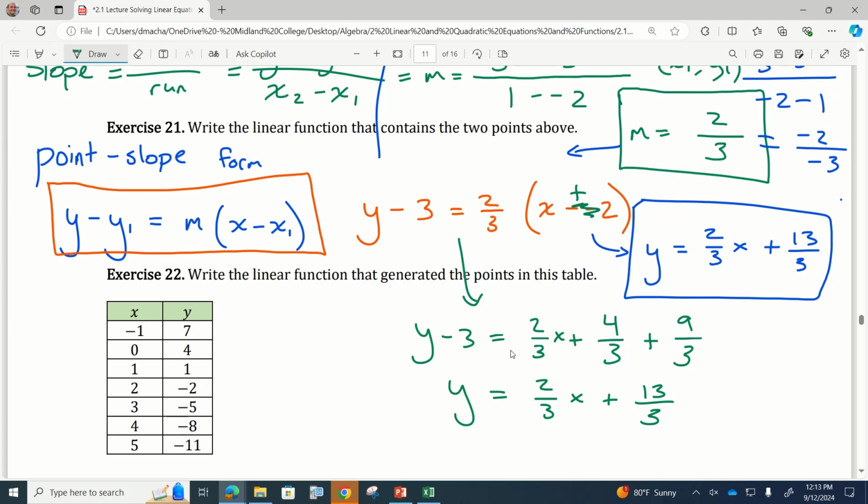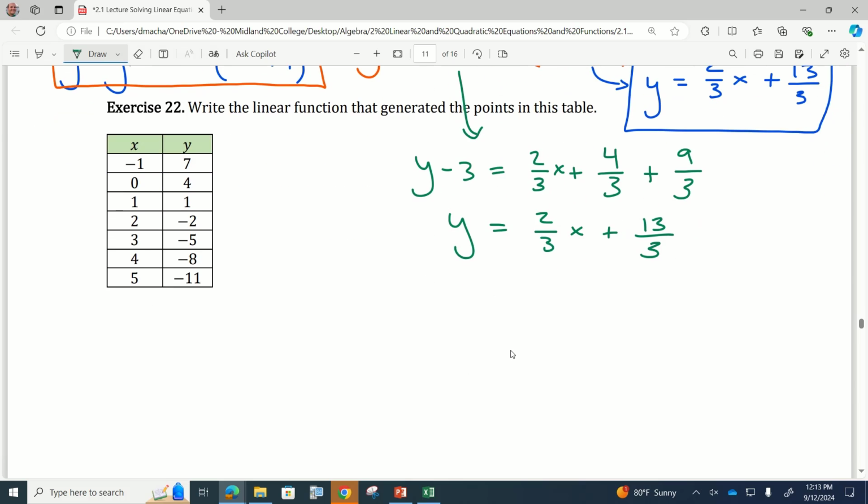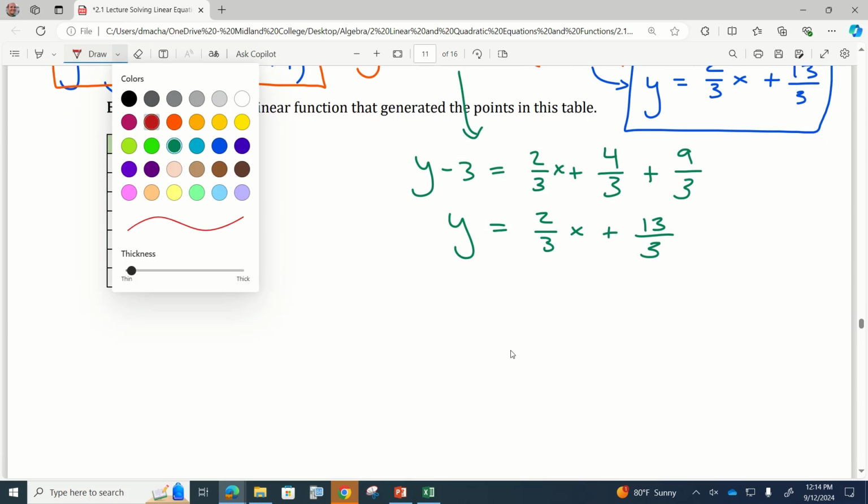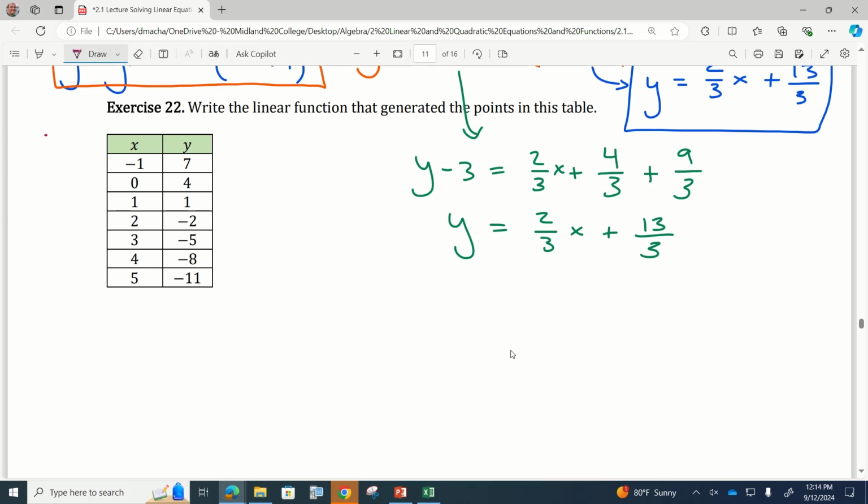Okay, a few more questions to go. If you want to write a linear function that generates these points in this table, here's what you do. Select one of these points, it doesn't matter which one, and you can call this point number 1, so that x1 is 2 and y1 is -2.